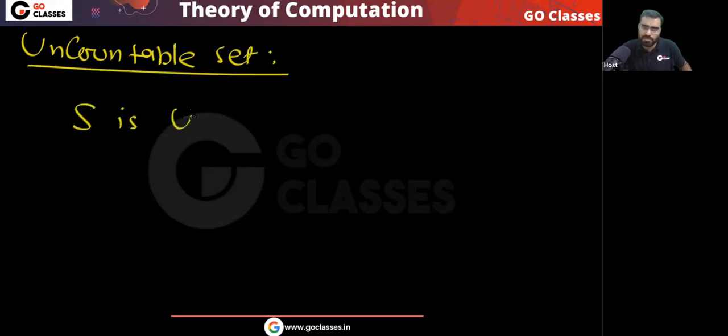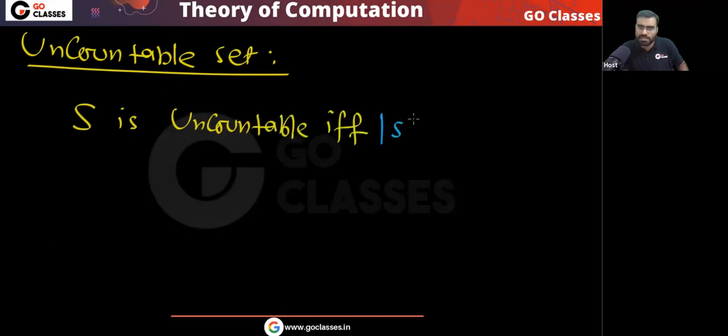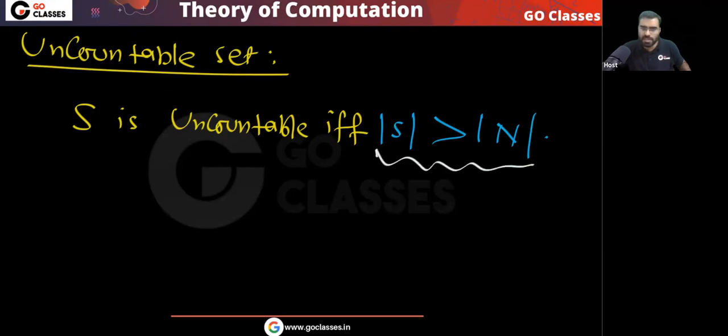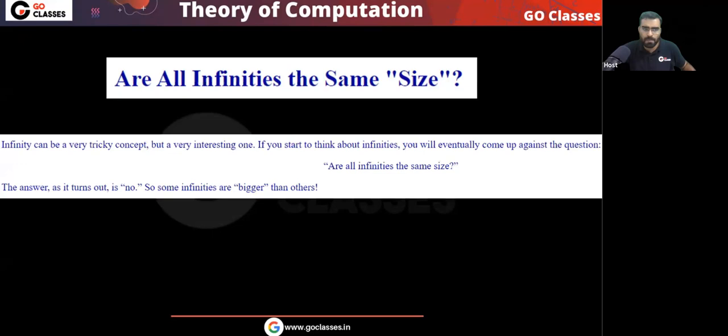S is uncountable if and only if the size of S is more than the size of N. So that simply means some infinities are bigger than others.